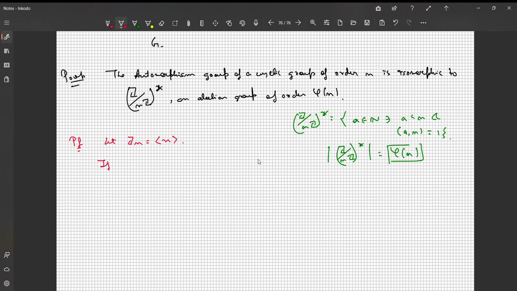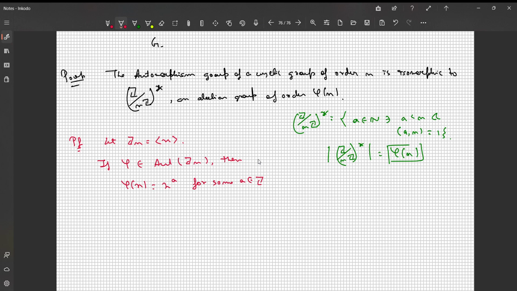If the mapping psi belongs to the automorphism group of Zn, then psi of x must be some x to the power a, for some a in Z, because every element in Zn is of the form x to the power a.